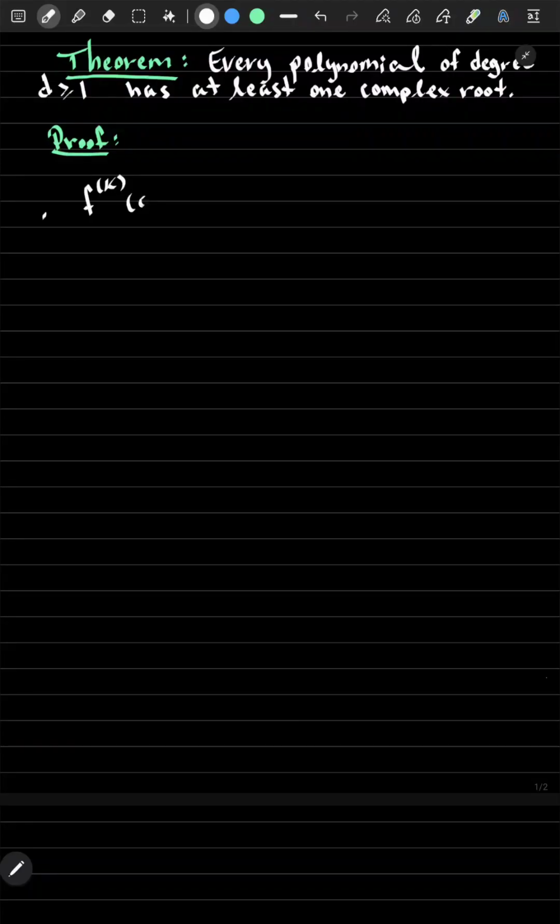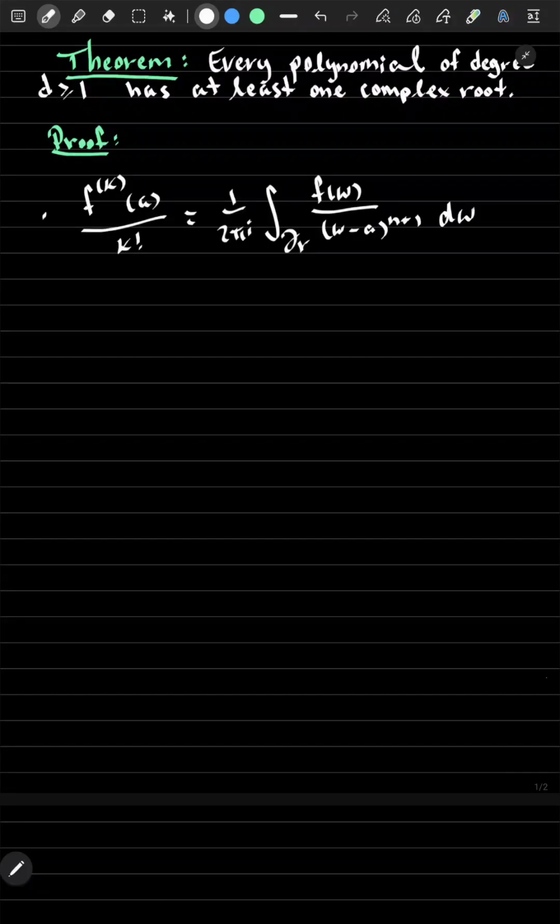We know that its kth derivative at a point a in the complex plane divided by k factorial is equal to 1 over 2 pi i times the integral over gamma r, I'll say what gamma r is in a second, of f of omega divided by omega minus a to the k plus 1 d omega. Sorry, I should put a k here.